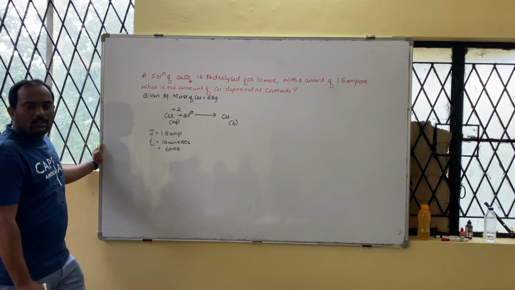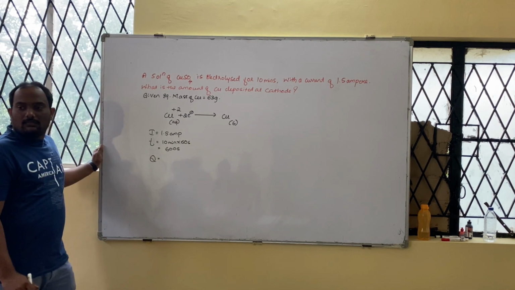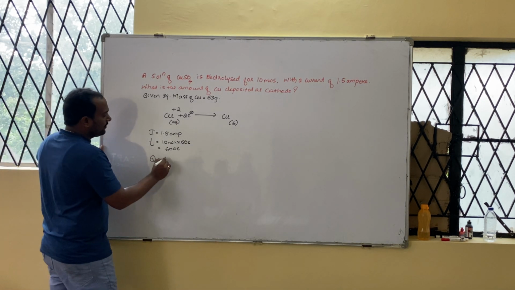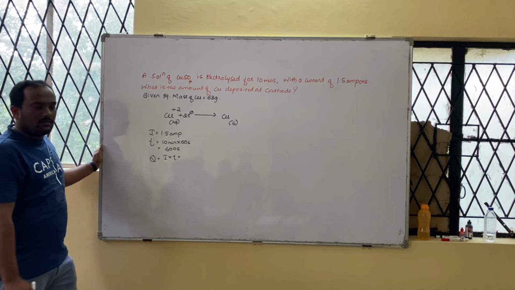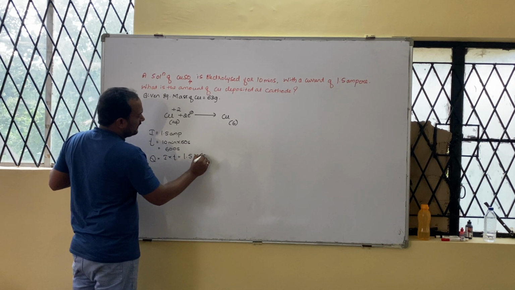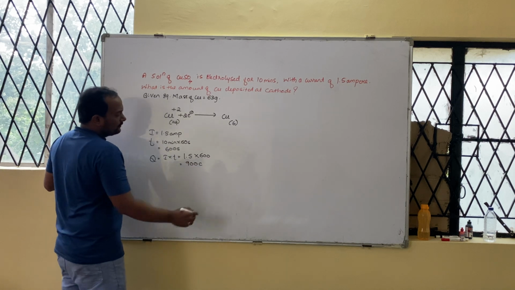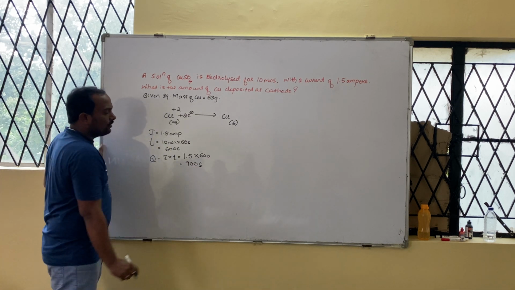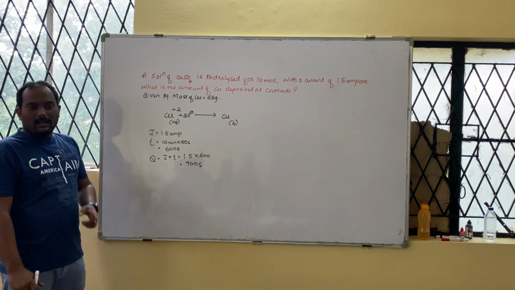Then what is Q? Q equals I into t, from Faraday's first law. 1.5 into 600 is 900 coulombs. So this much coulomb is given to us. Am I right or no?